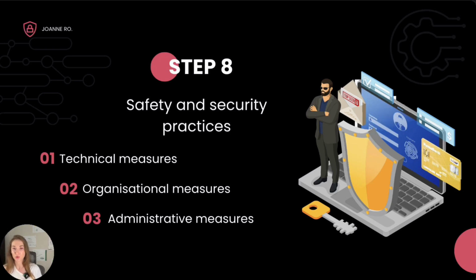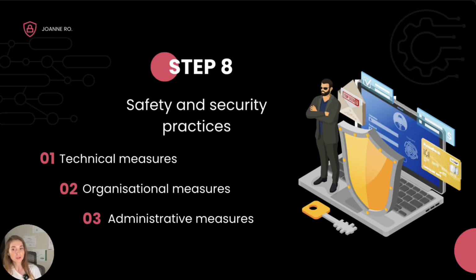It can be a variety of different measures, such as identity and access management, data loss prevention, encryption and pseudonymization, and a lot of other possible technical measures which are defined by different privacy laws worldwide.